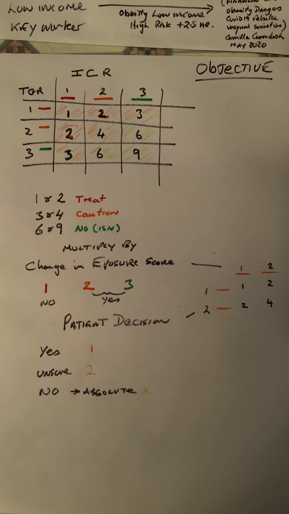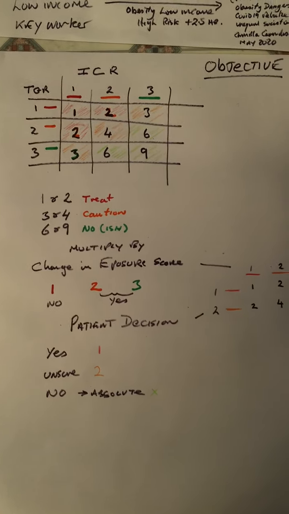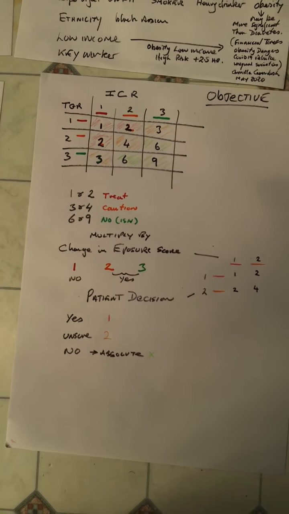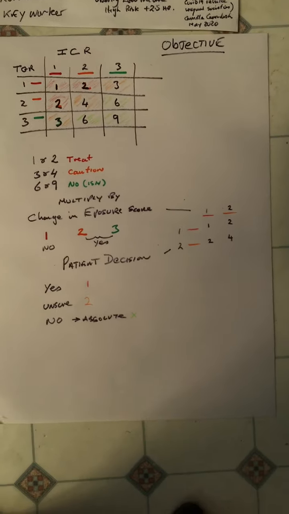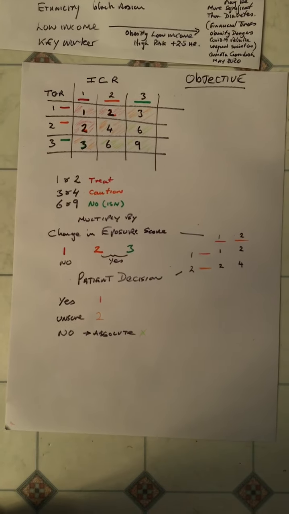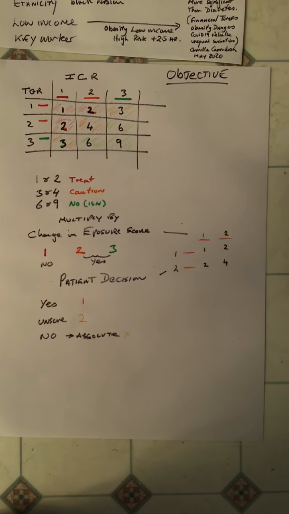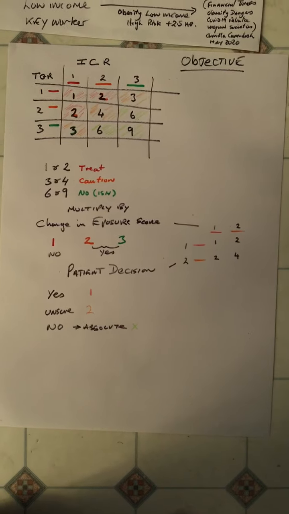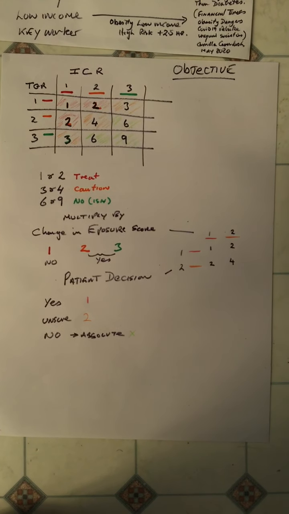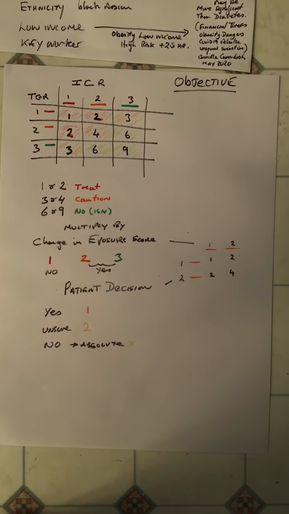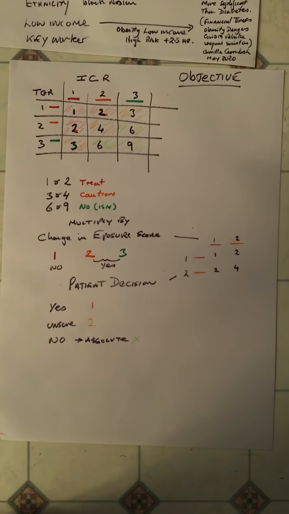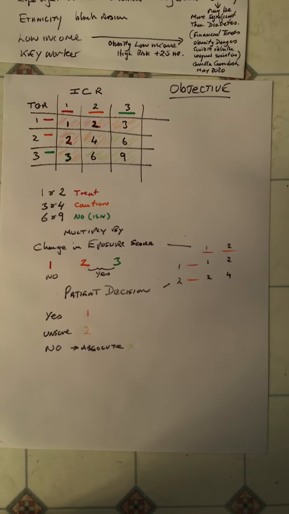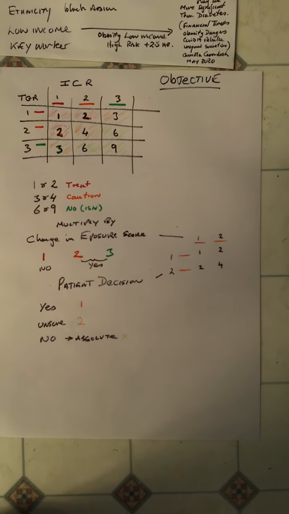And then you could multiply that score by the change in exposure score, and then the same for the patient decision. Or you could take those two things and do the same grid, take the score of that and multiply it by the risk score at the top, and get some figure that gives you an idea about whether you should treat or not.